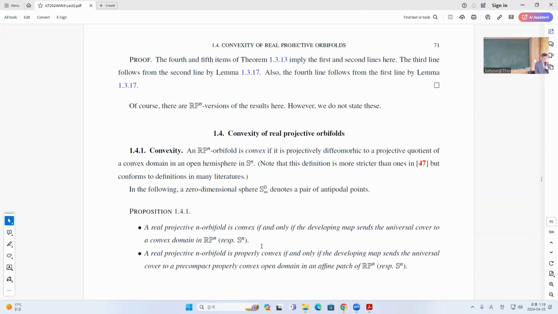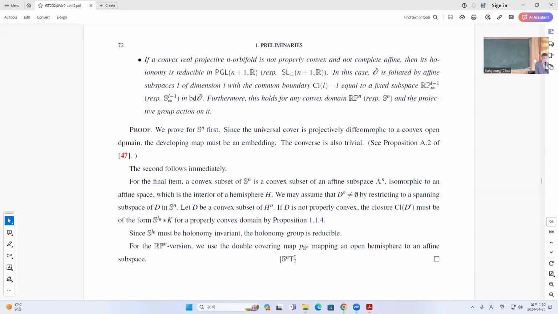Yeah, and then a real projective orbifold is convex if and only if the developing map sends the universal cover to a convex domain. Okay, so if you define it like this, then you can always show that the developing map also does that, and it's properly convex if and only if the developing map sends the universal cover to a properly convex open patch.